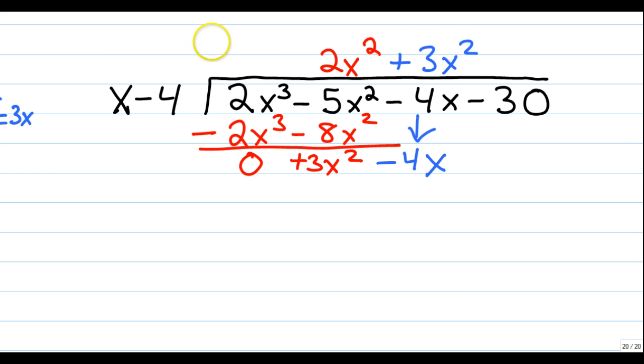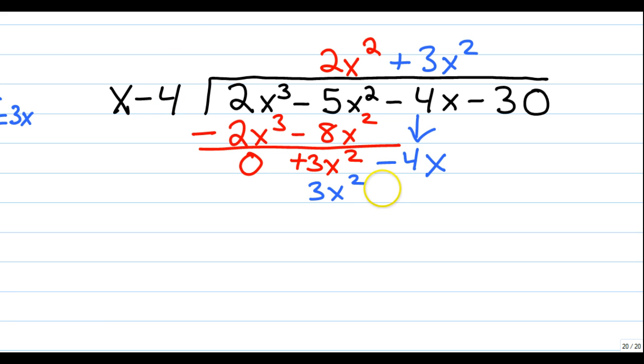Now I'm ready to distribute this through. So 3x times an x. This creates 3x to the second power. Again, stop. It should match the value that's already there. If it doesn't, go back and recheck this math here. If it does match, proceed on. Distribute it to the next term. So 3x times a negative 4.